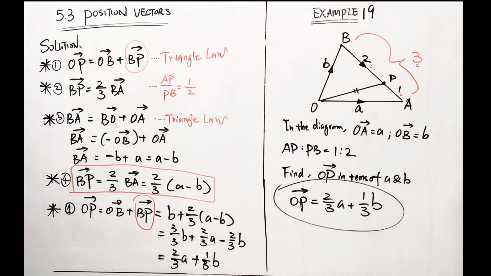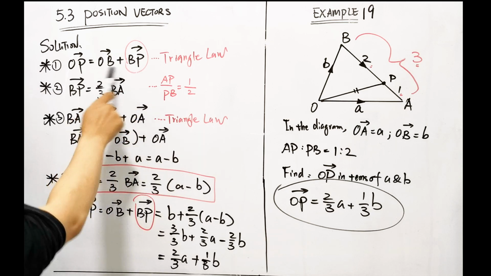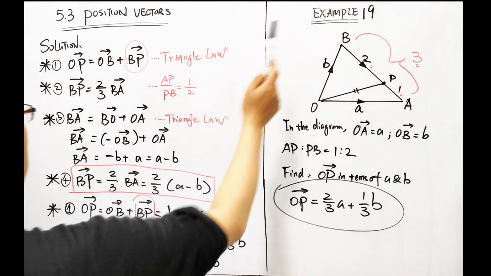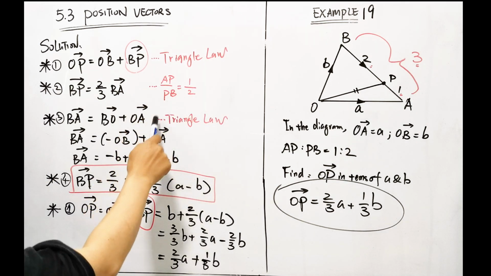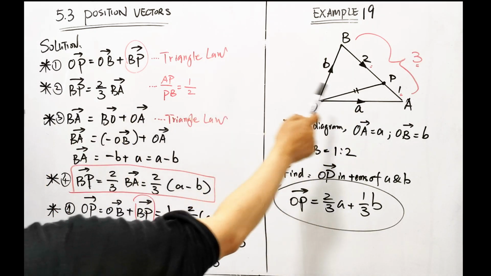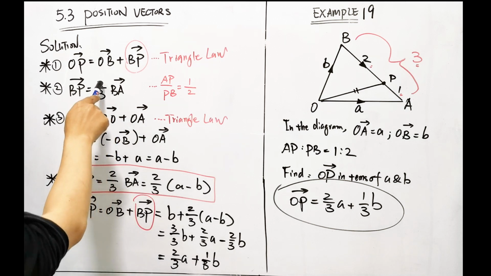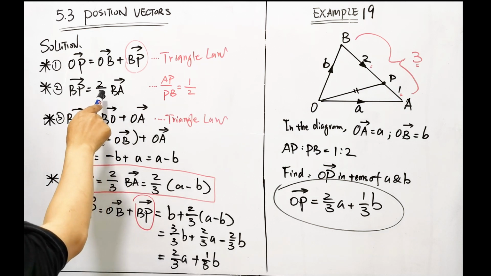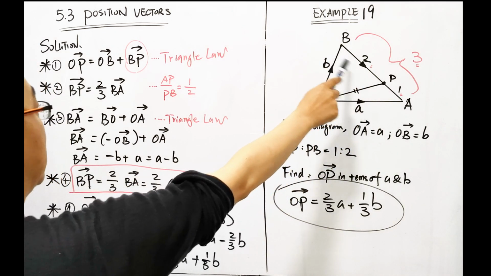So in this example, we used the triangle, but we needed to find out the BP. To find out the BP, we use the triangle again. Find AB first, because BP is just two-thirds of BA, so we need to find the BA.